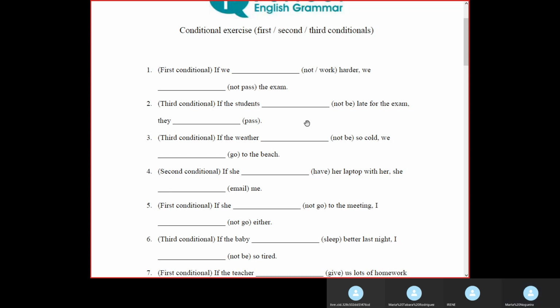Five, if she doesn't go to the meeting, I won't go either. Six, if the baby had slept better last night, I wouldn't have been so tired.